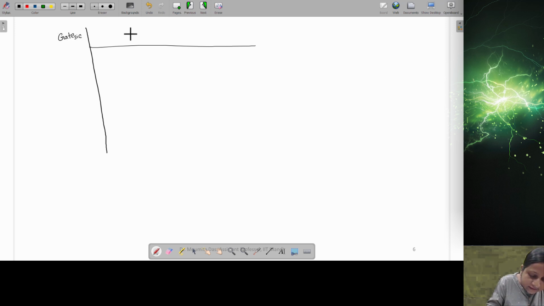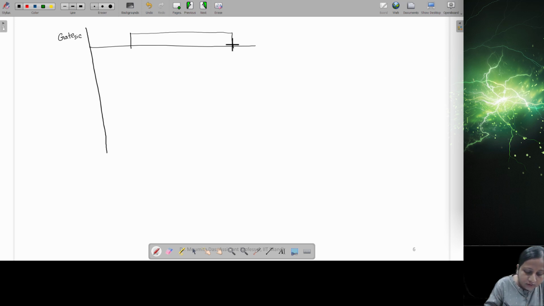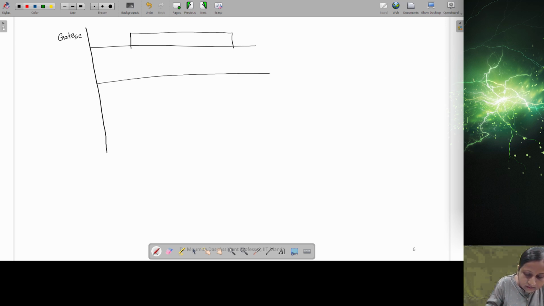Let's say this is on for this much time. Then the gate of silicon IGBT, there will be some turn on and turn off delay.